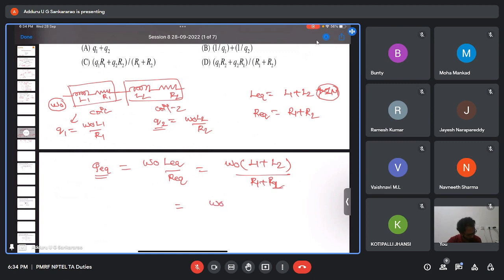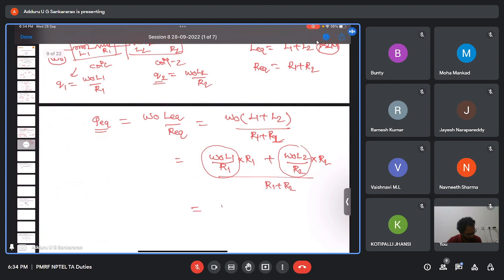So I'm just writing omega naught L1 by R1 into R1 plus omega naught L2 by R2 into R2, in the numerator, by R1 plus R2. So we have seen this is Q1 and this is Q2.